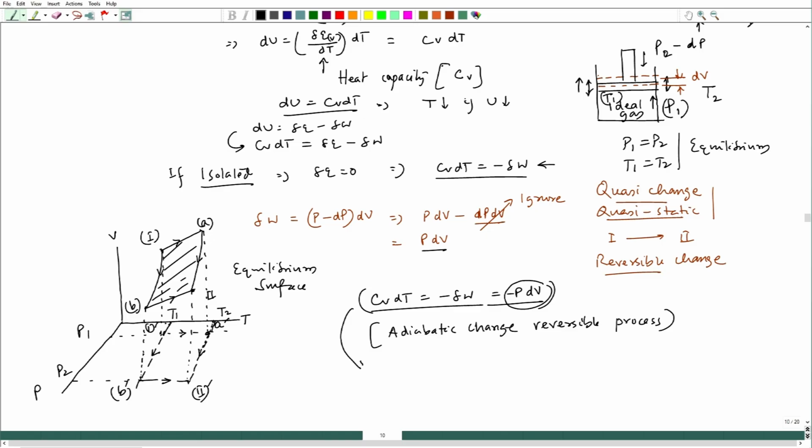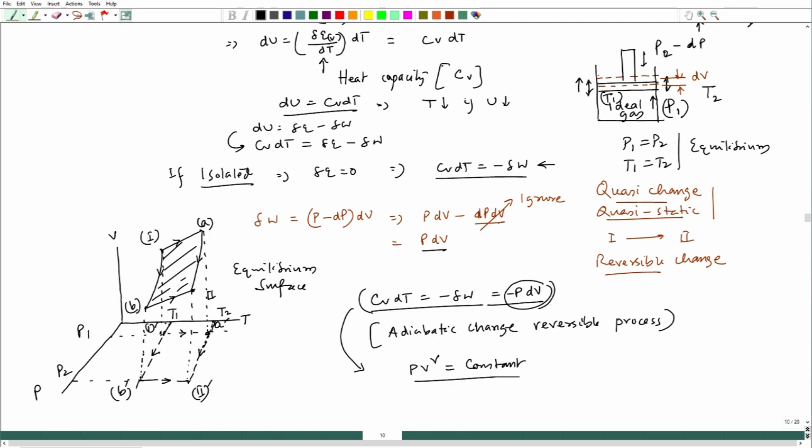In fact, you can go back and read a little bit of the first law part in any textbook. There you can prove that P V to the power gamma equals constant.